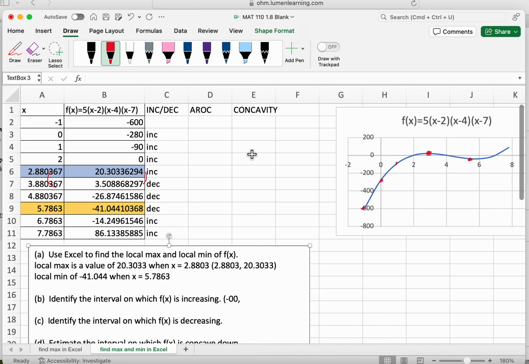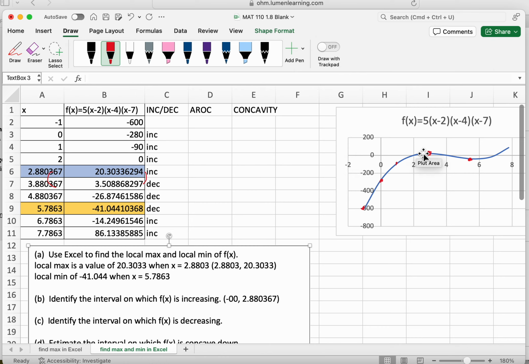Okay, so my x's can get smaller and smaller up to the maximum point. To the top of the hill, my x value is 2.880367.